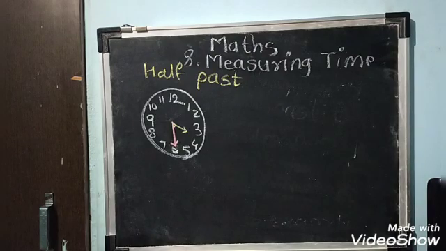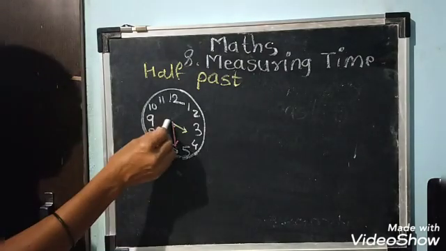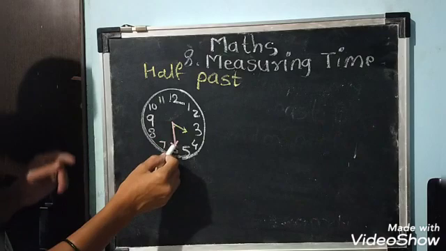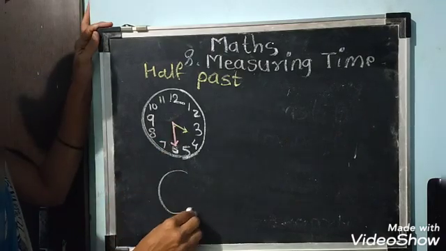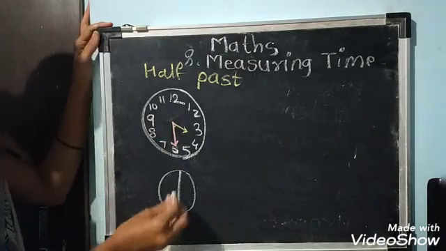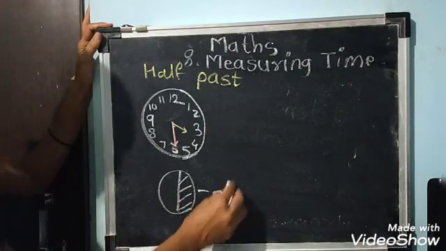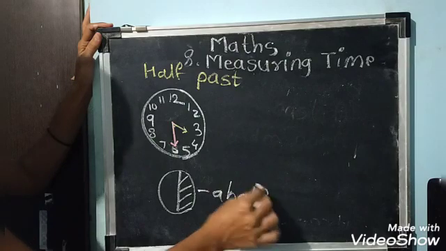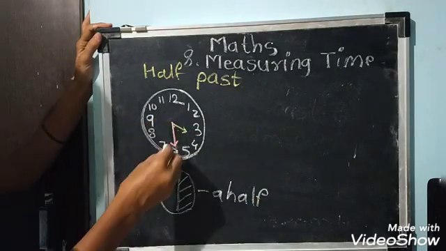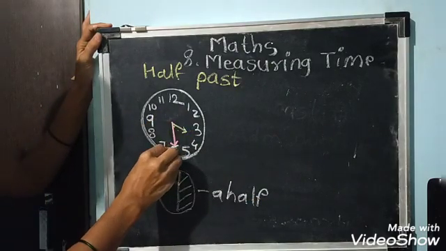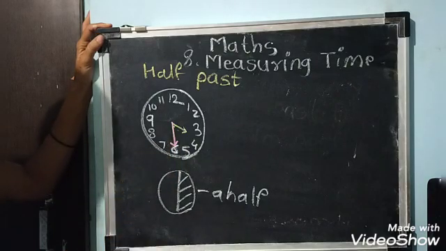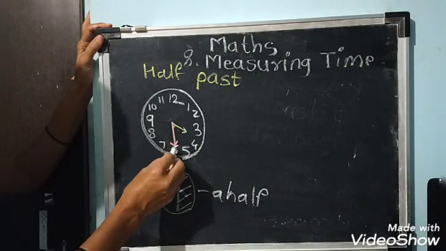To find the word, we have to see the position of the minute hand. The minute hand is on 6. That means from 12 it came to 6. What is the word for this fraction? A half. Right. So the same we are going to use here. If the minute hand is on 6, then we can use the word half. Now how many minutes are there?